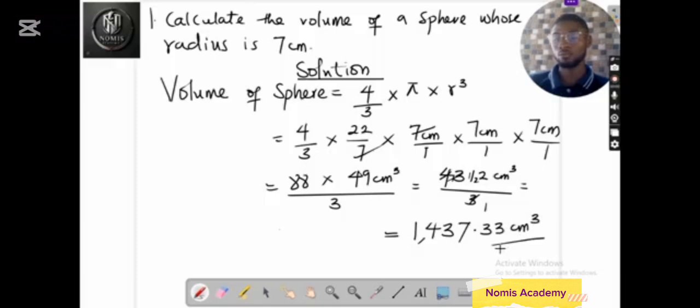So that is the volume of this sphere we are asked to calculate.